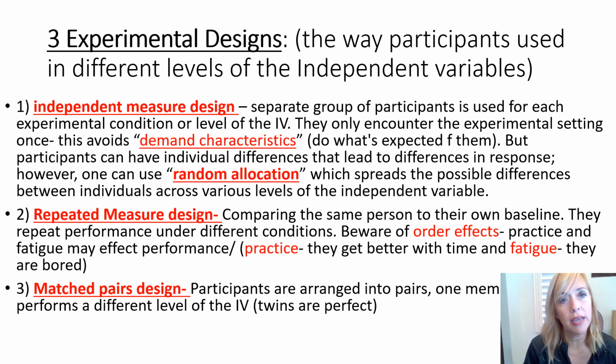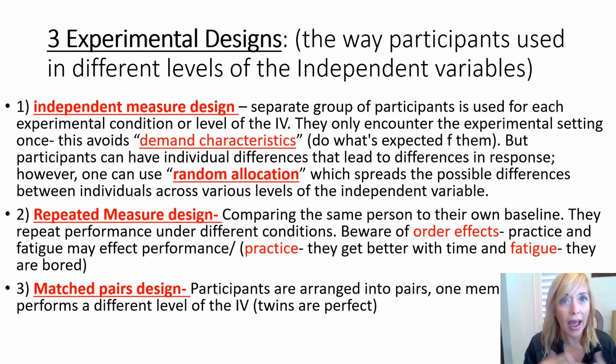Okay, so when we're talking about research designs, there are three different kinds of experimental designs. The first one is an independent measure design, and this is when separate groups of participants are used for each experimental condition or level of the independent variable. They only encounter the experimental setting, and this avoids things like demand characteristics, like when the subjects do what they think that they ought to do, and that's not what you want out of a subject.